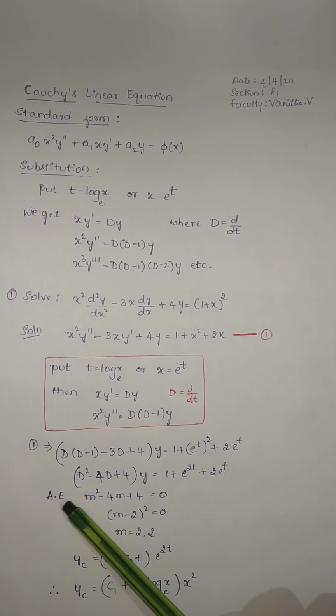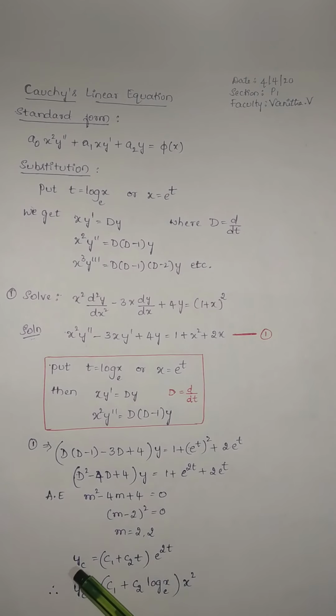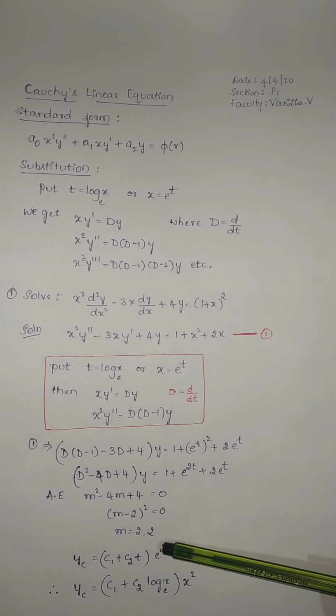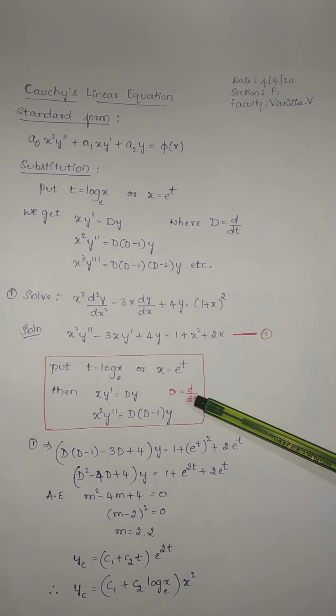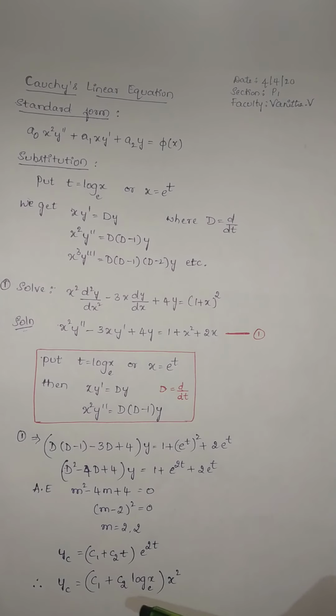Now writing the auxiliary equation, finding out the roots and writing yc. As these two are repeated roots, yc = (c1 + c2 t) e^(2t). The answer is to be written in terms of t first, then the final answer in terms of x.